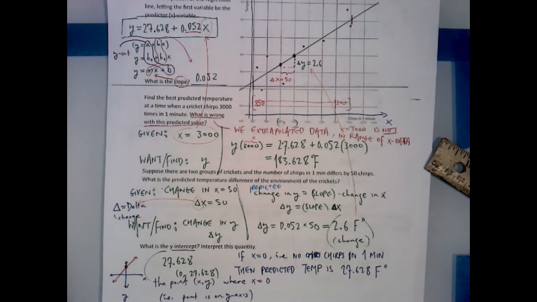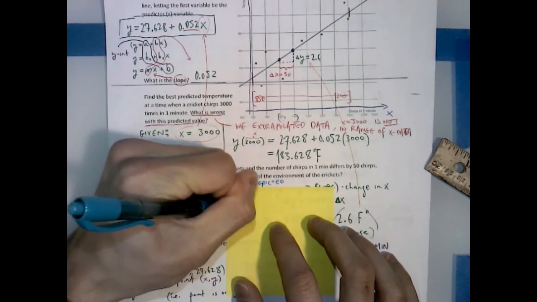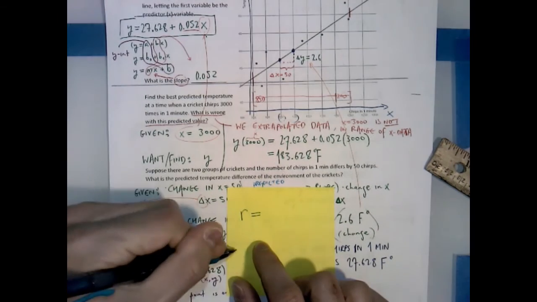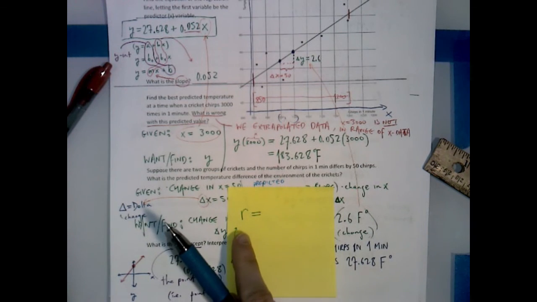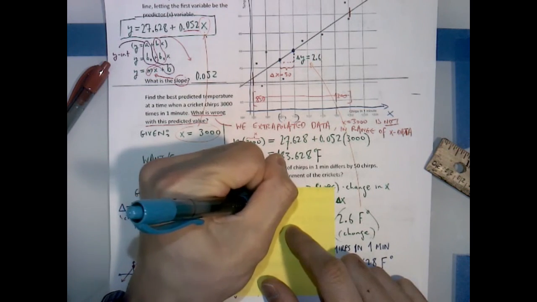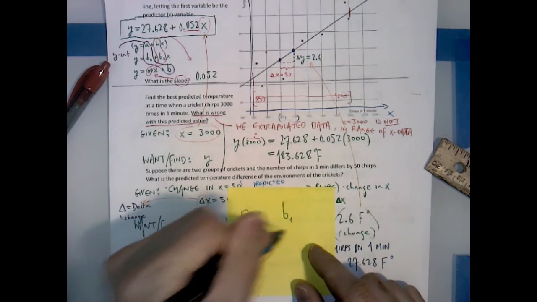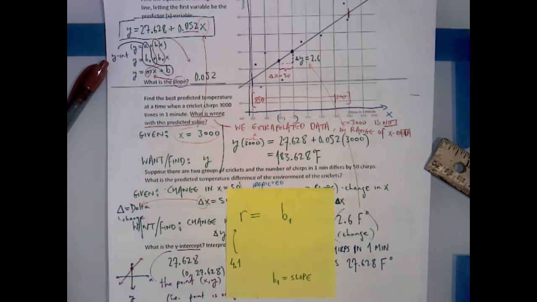In fact, there's a nice formula that I will write down here. It turns out that the linear correlation coefficient R, the thing we talked about in 4.1, is related to the slope, which in statistics is b1. There's a formula that relates the two, and it's given by the standard deviations.